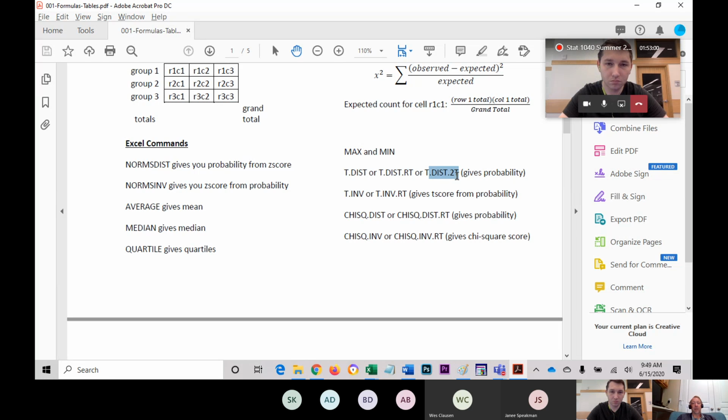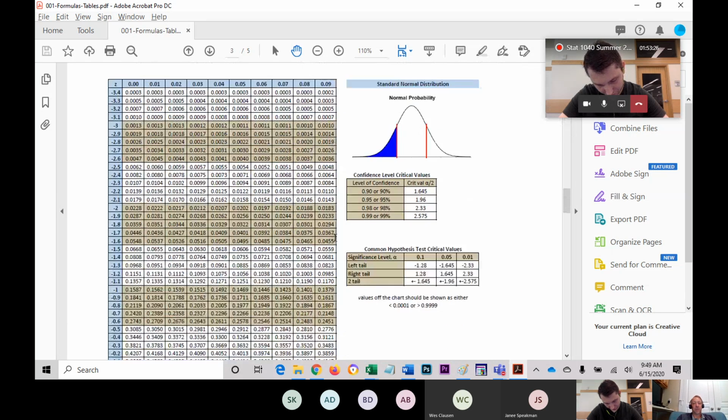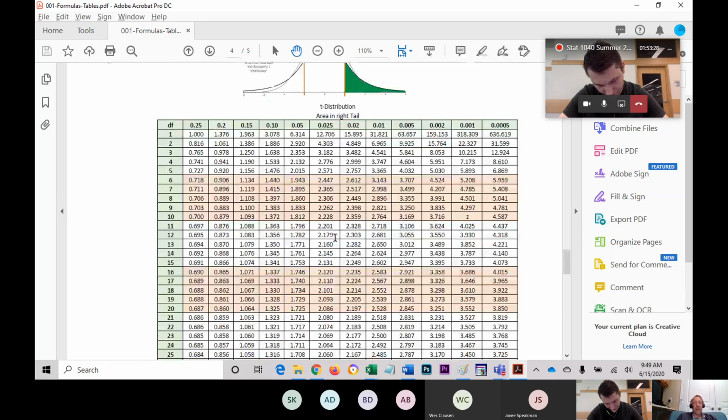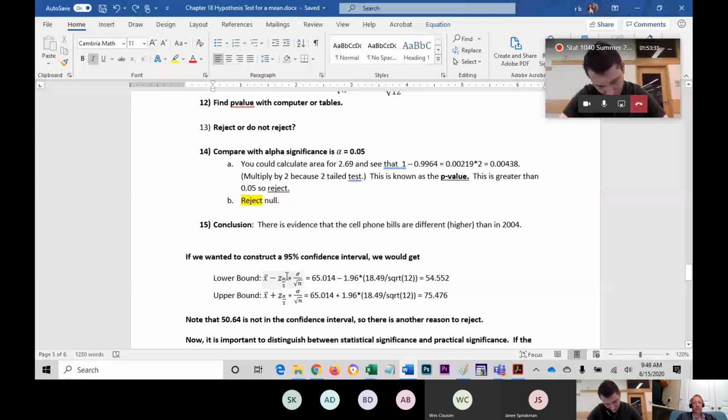T.DIST.2T gives you a two-tail probability. Hopefully I didn't give you anything in the quiz or the homework that says find exact p-values, because you can't, but you could find them in Excel if you had to. But yeah, you'll be using the chart for everything. Okay.